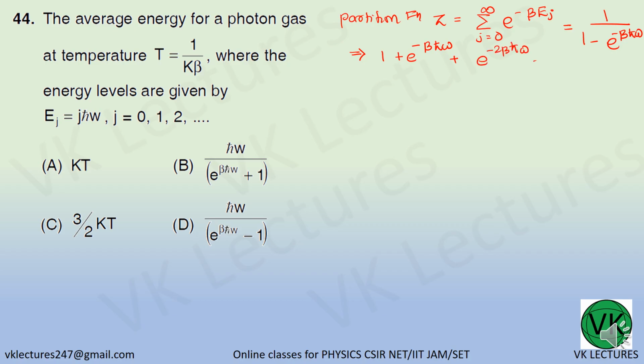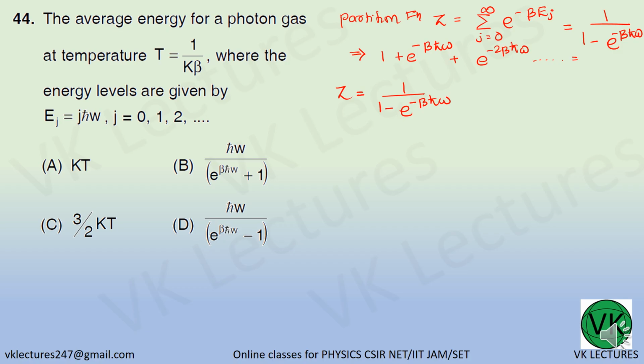So this is a series which sums to 1 by 1 minus e to the power minus beta h cross omega. So this is the Z. That is, the partition function Z is equal to 1 divided by 1 minus e to the power minus beta h cross omega. So Z we have got.